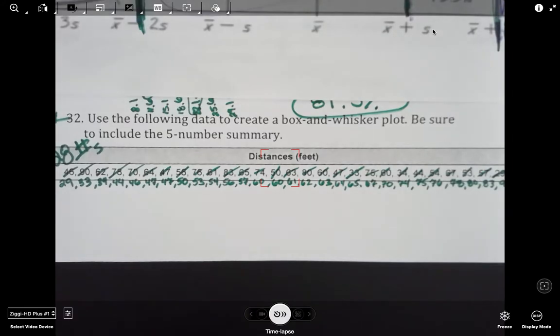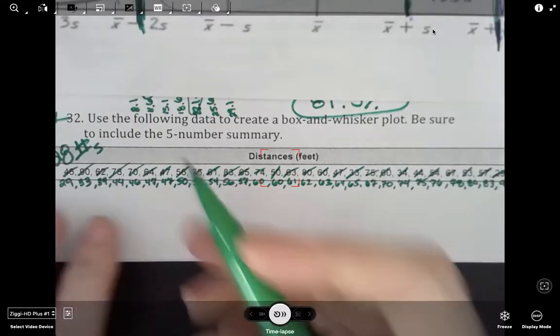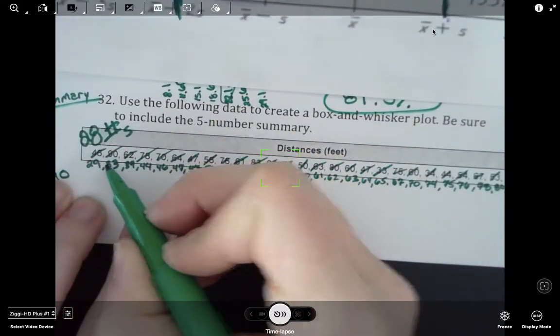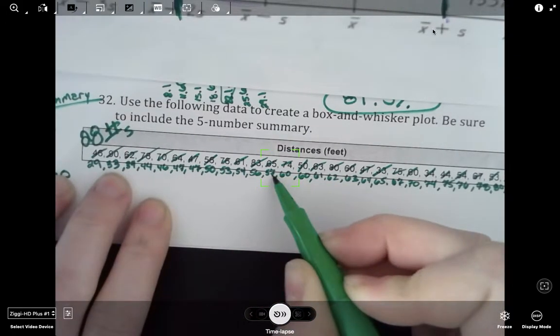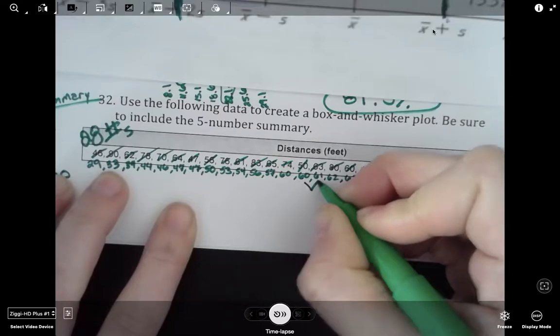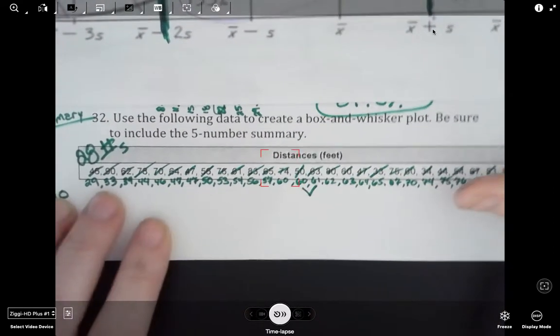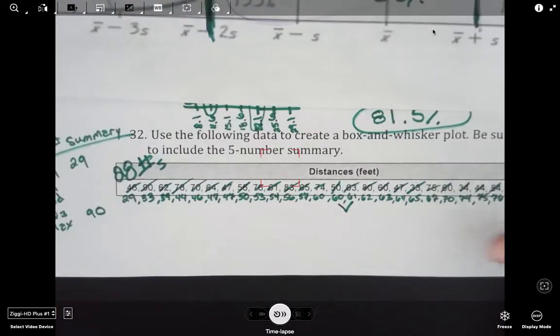If there are 28 numbers and I split them exactly into 2 equal pieces, there will be 14 numbers over here and 14 numbers over here, right? Separated by the 14th and 15th number, right? Okay, so count 14 numbers over. 1, 2, 3, 4, 5, 6, 7, 8, 9, 10, 11, 12, 13, 14, and 15 are between 60 and 61. What number is exactly between 60 and 61?